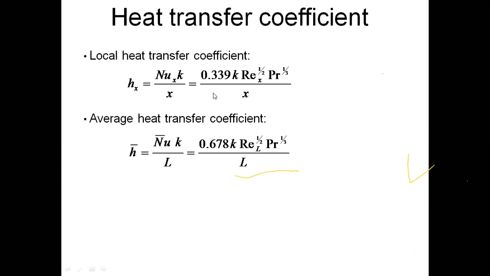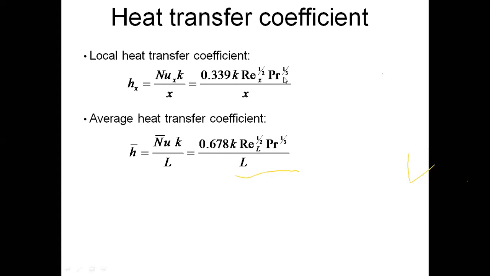If I substitute Nu, I get the equation for h. Nu is a function of Re and Pr. What is Pr? Pr is a fluid property. Re is the flow property. It depends on the fluid property as well as the flow. Flow means velocity value. So Re is a flow property, Pr is the fluid property.